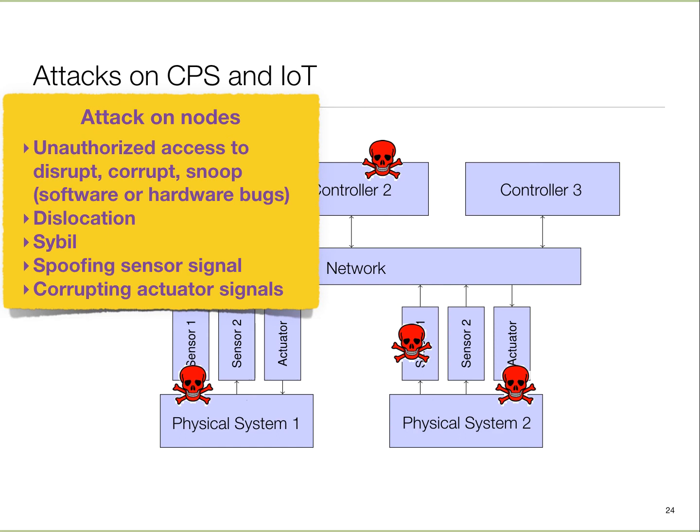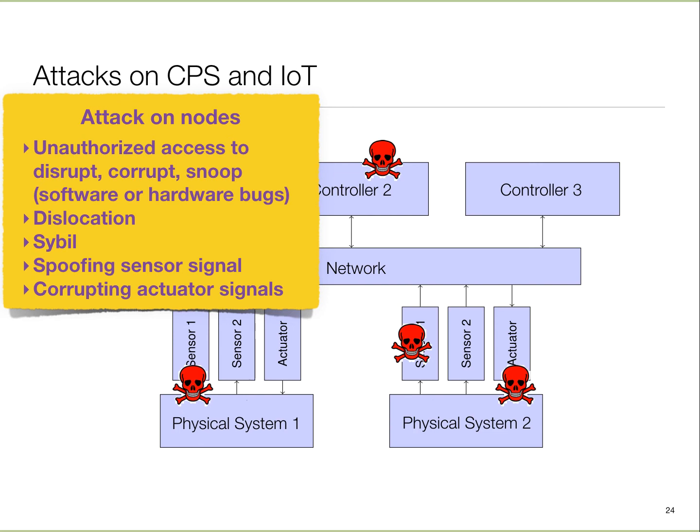In these kinds of systems, of course, there's a cat and mouse game which goes on. So you bring to bear a lot of additional knowledge. These are problems which are not simply of cryptography and whatnot. There's a lot more which has to go on there. Then there's spoofing a sensor signal, where instead of measuring the real physical state, we spoof it, giving a different view of the world.